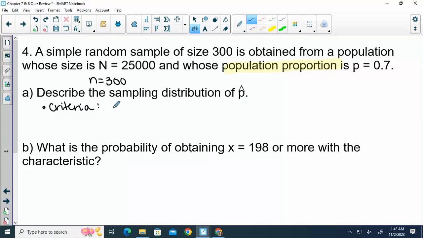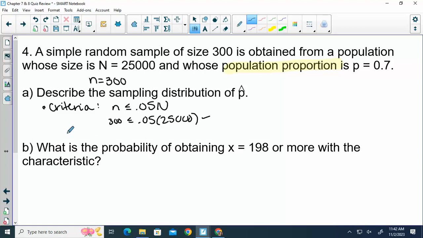My sample has to be less than 5% of the total population. Is 300 less than 5% of 25,000? 0.05 times your 25,000 gives you 1,250, so we're good there.